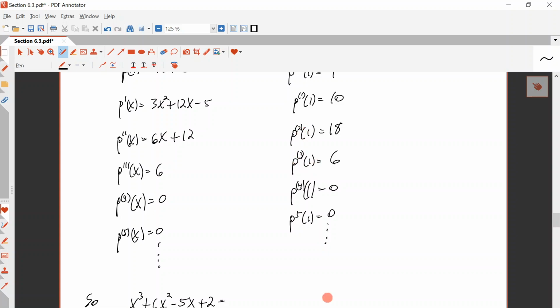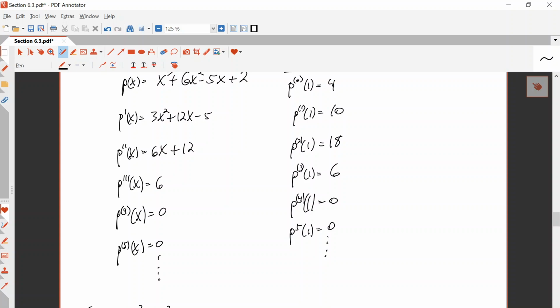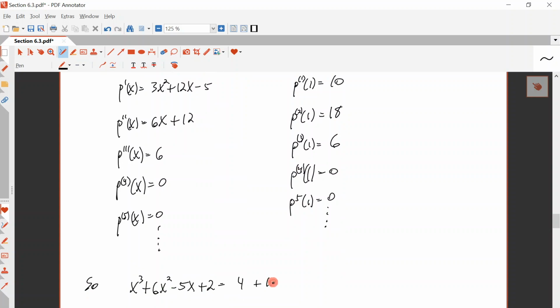Because you're only going up to the third derivative. So it's 4 over 0 factorial, x minus 1 to the 0, plus 10 over 1 factorial, x minus 1, plus 18 over 2 factorial. So let me put the whole thing.